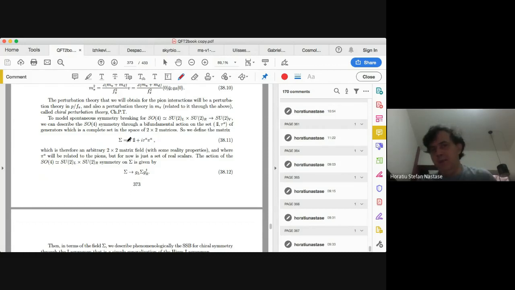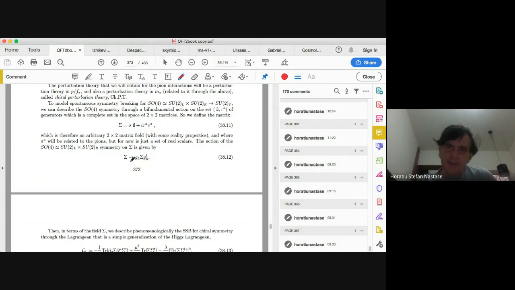But for the moment, these are just notation for some scalars, sigma and pi A. So as I said, the action is bifundamental. So I act with this G left that belongs to SU2 left from the left, and with G right dagger, where G right belongs to this SU2 right.